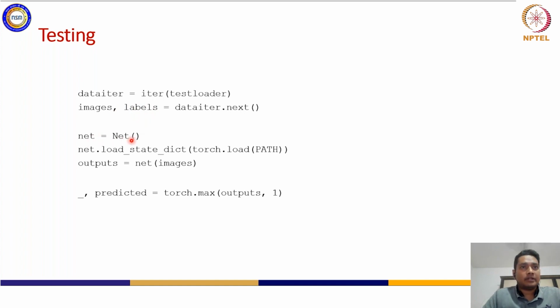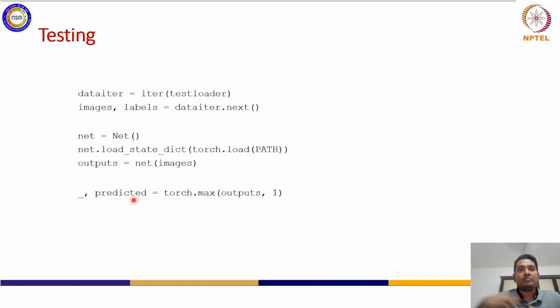Now defining the network. We initialize this network as net, and then you can load the model from the path where you have defined and saved it. Basically, when you call this net with the images that you have taken here, you are doing one forward pass and you will get some predictions. These predictions we are storing in predicted.